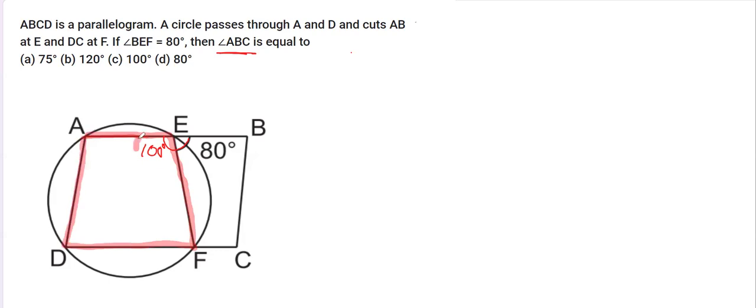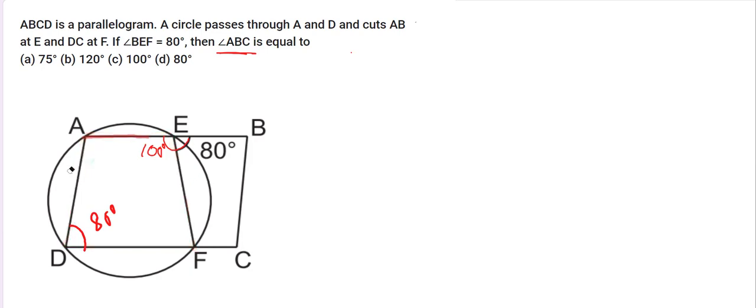So if this angle is 100 degrees, the opposite angles of a cyclic quadrilateral are supplementary. So I can say the value of this angle, that is angle ADF, will be 80 degrees. If this is 100, this will be 80.